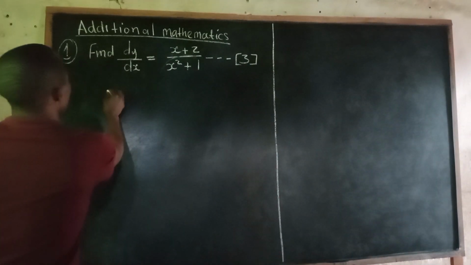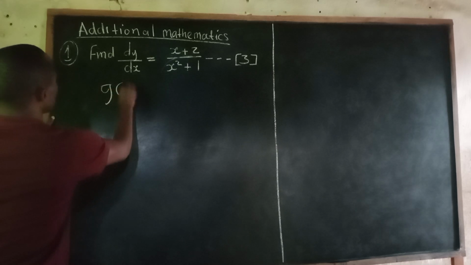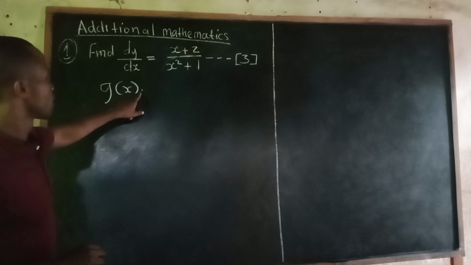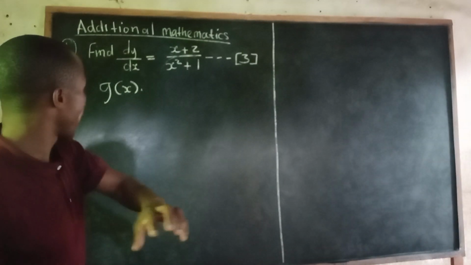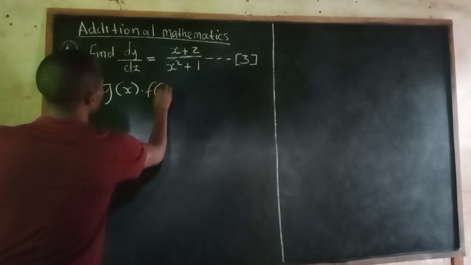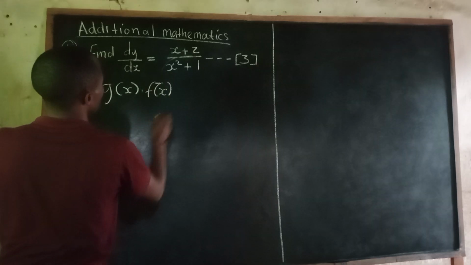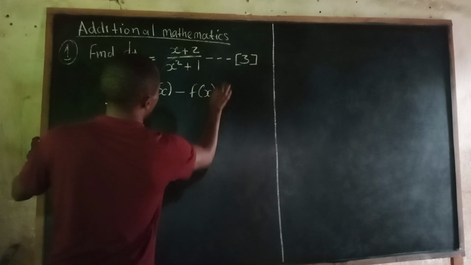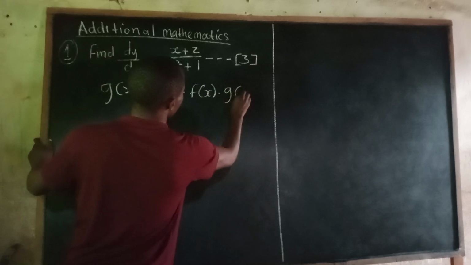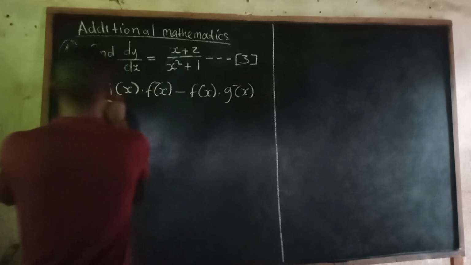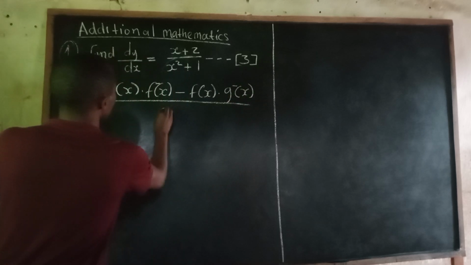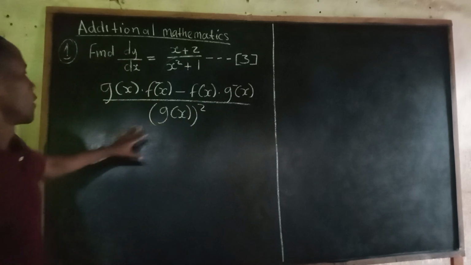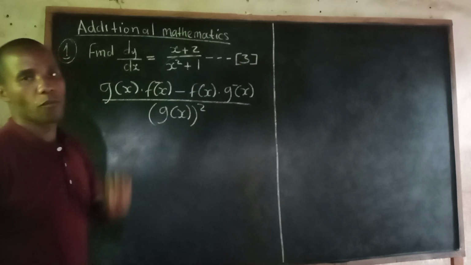We have g(x) times, this dot simply means multiply, f'(x), then minus f(x) times g'(x), over [g(x)] squared, open and close bracket, then square.